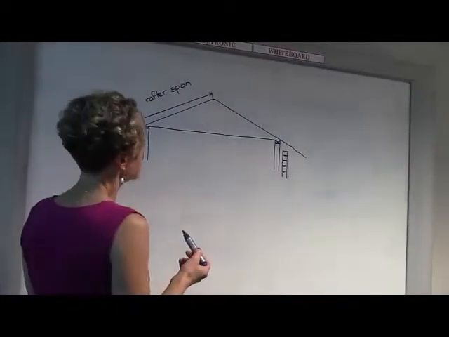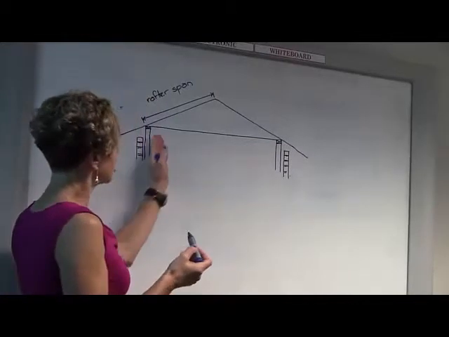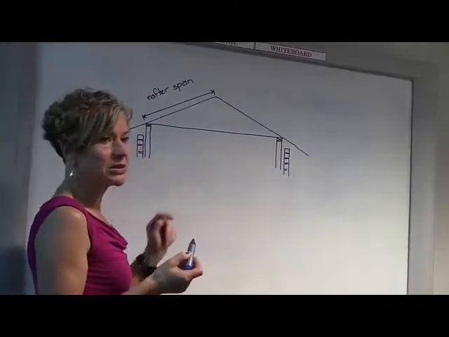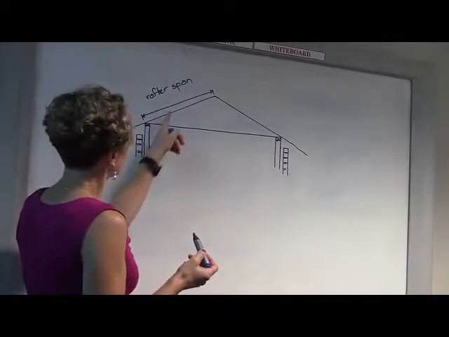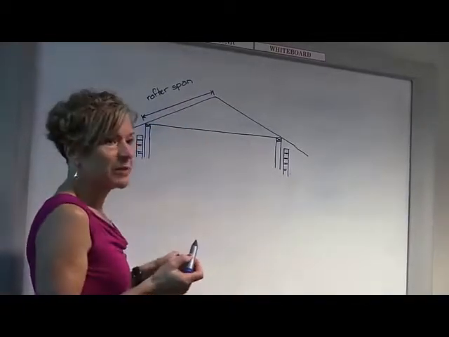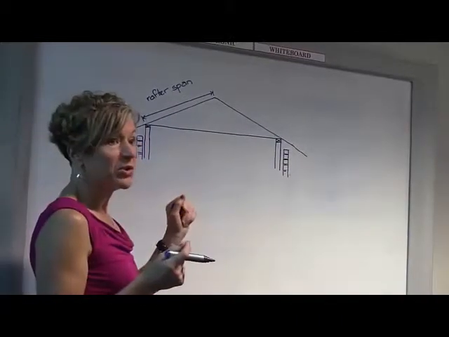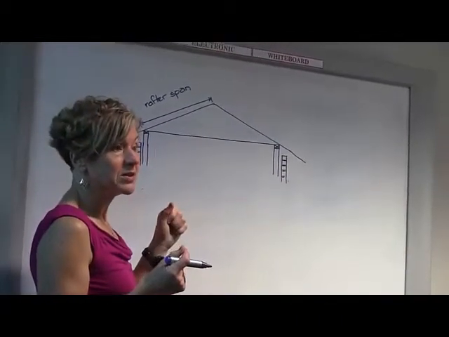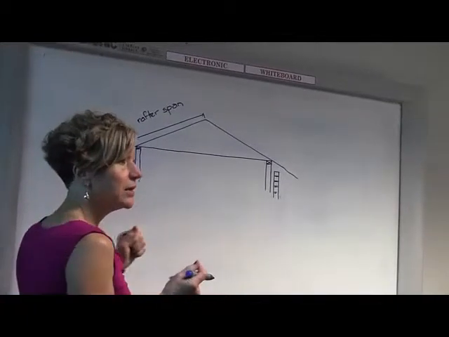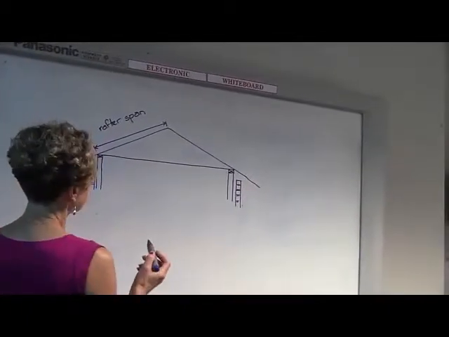Okay? And now we had a cathedral roof there, so we didn't have a ceiling joist tying it together. But the principle of working out your rafter span is basically the same. You need to remember your trig functions, sine, cos and tan, and then it's just working out some dimensions.